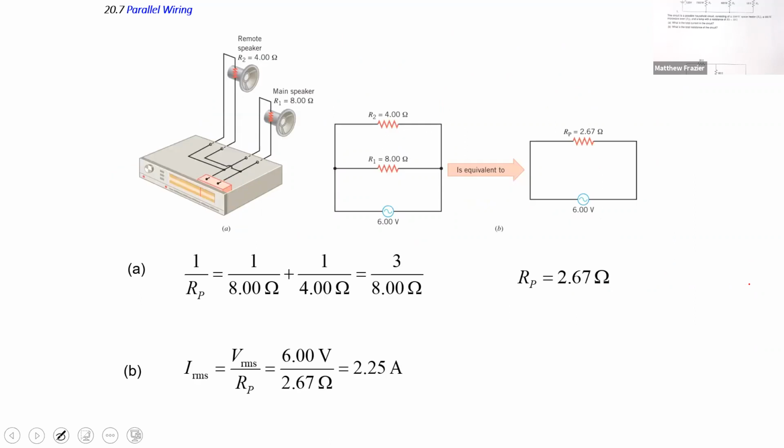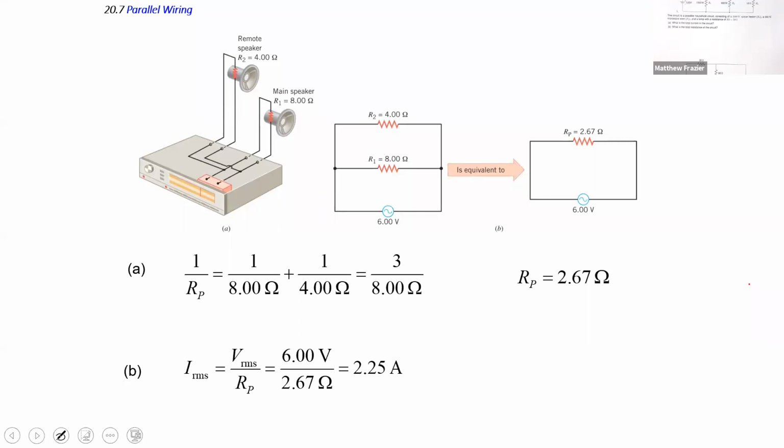So we wanted to find how the current splits. One way we could do it is to just look at the resistors. One of them is 8 ohms, twice as resistive as the 4 ohm. So you might naively think that twice the current will go through the 4 ohm resistor as will go through the 8 ohm. And that's exactly right. That is true.